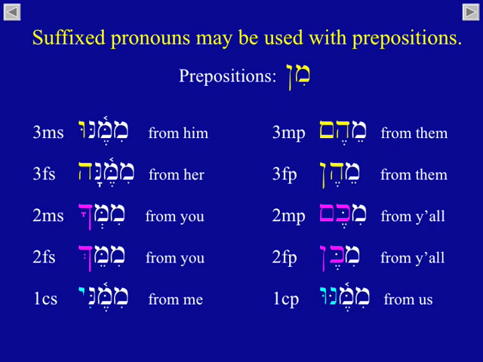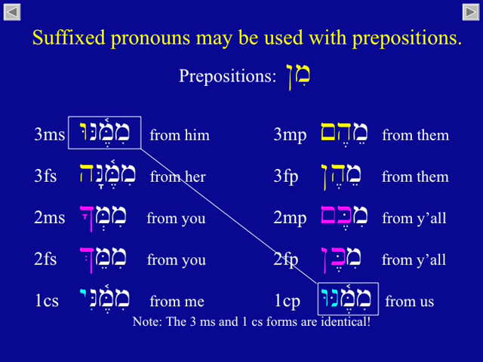So the min preposition has this added element in many forms, in much of this paradigm, the men element. And you have this look-alike business between mimenu from us and mimenu from him. Only context will tell you which is which.